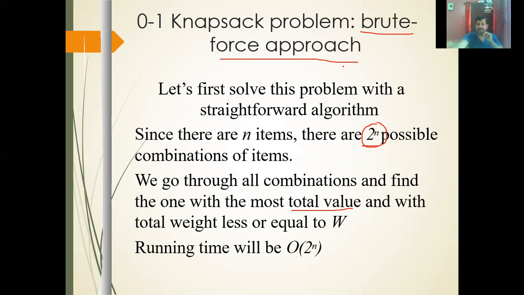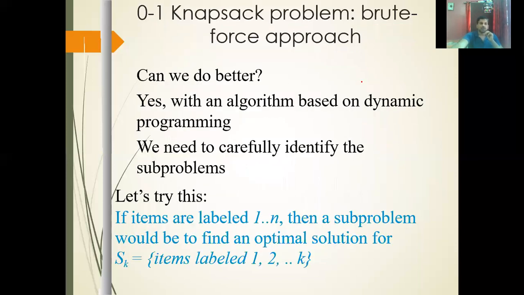I should get the maximum benefit subject to the constraint that the total weight of the items considered should be less than or equal to the size of your knapsack, that is W. So in the brute force approach, the time complexity is big O of 2 to the power of n. This is not the optimal way of solving the 0-1 knapsack problem.